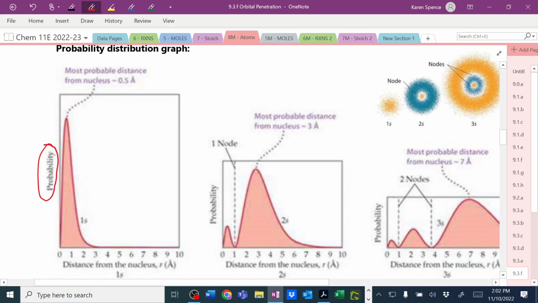So here is the probable distance of an electron from the nucleus. Right at the nucleus, it's pretty much 0, but you go any distance whatsoever from the nucleus, and you end up with some density, and the bulk of the density is very, very close to the nucleus. This is our most probable distance of an electron from the nucleus for the 1s.